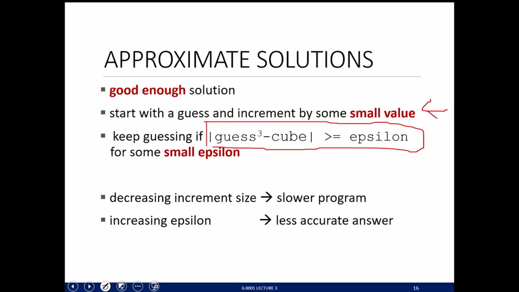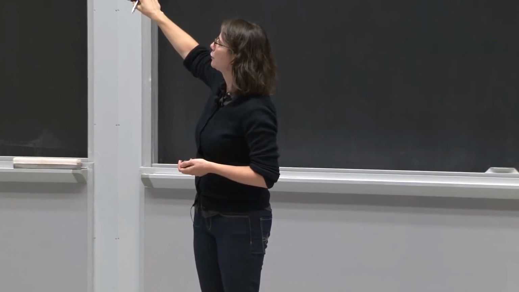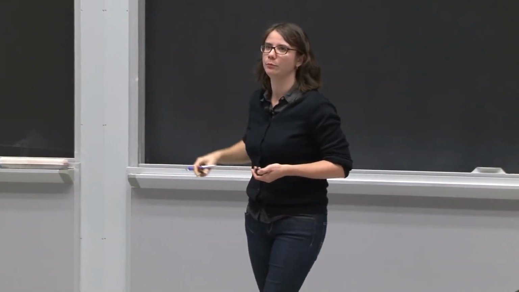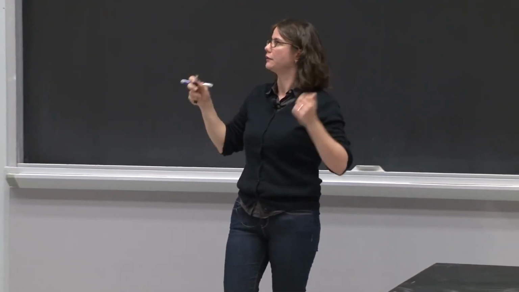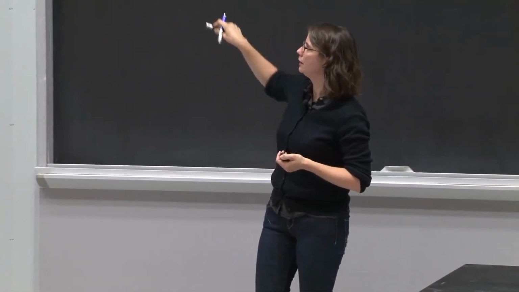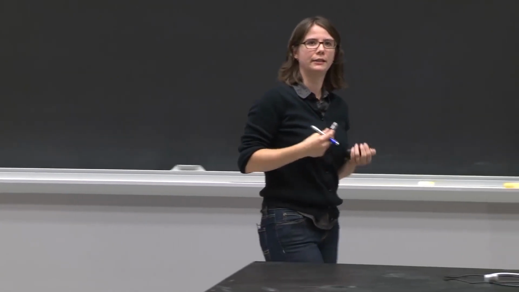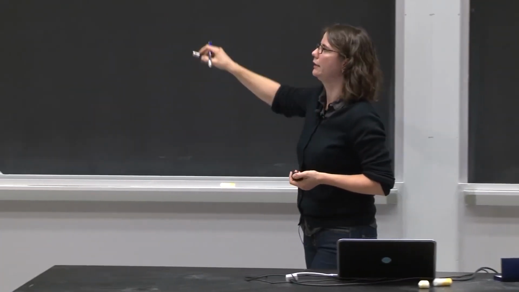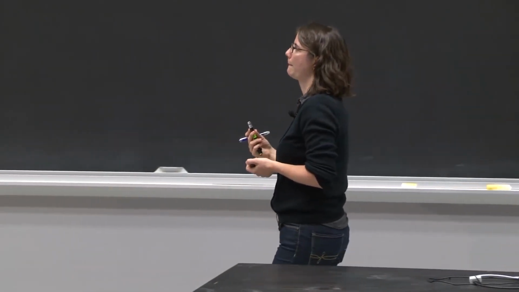And close enough is going to be given by this epsilon value in the program. Okay? So as long as the guess cubed minus the cube, so how far away are we from the actual answer, is greater than some epsilon, keep guessing, right? Because the solution's not good enough. But once this is less than epsilon, then we've reached a good enough solution.